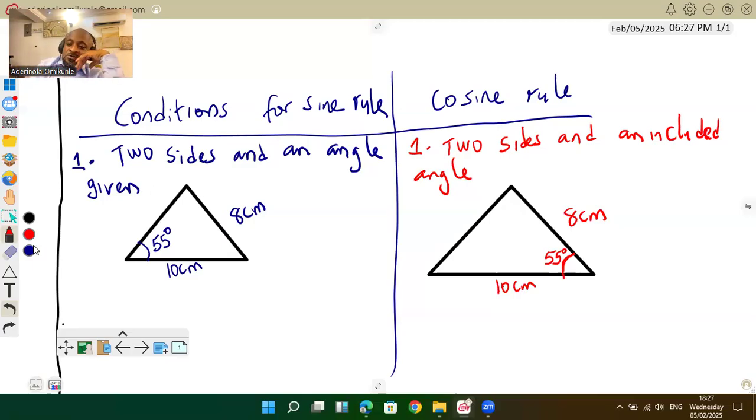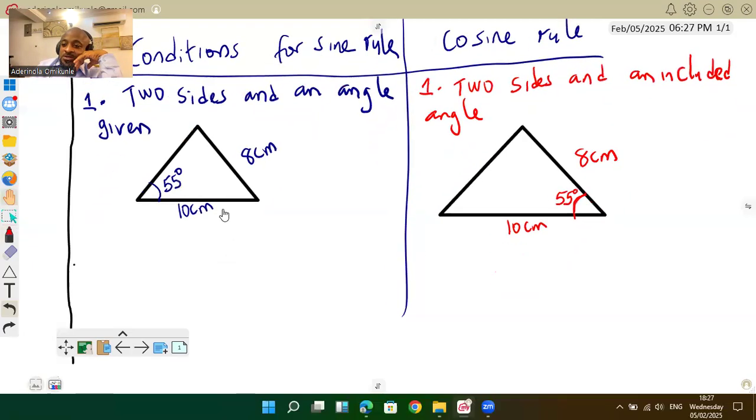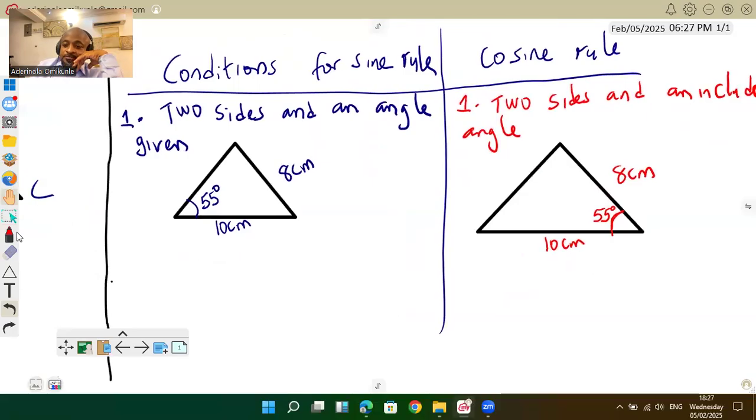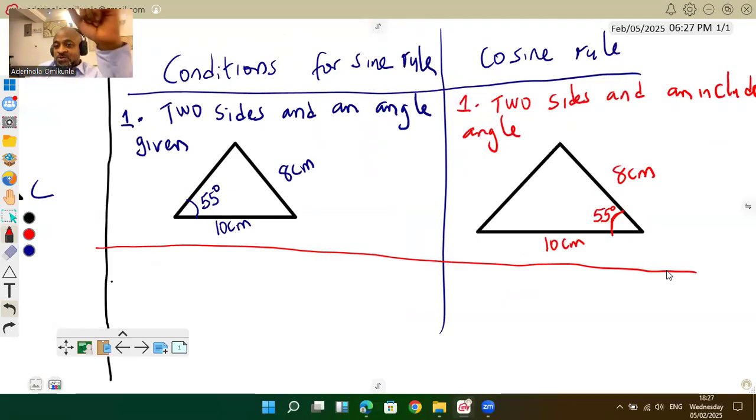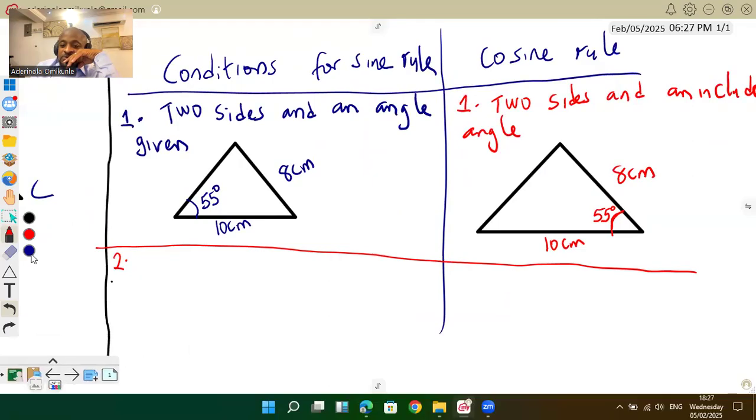Now let's move to the second condition. Again, the angle must be in between the two sides given. It must be included for it to be cosine rule. Now let's go to the second one quickly. Let me use blue for sine rule.